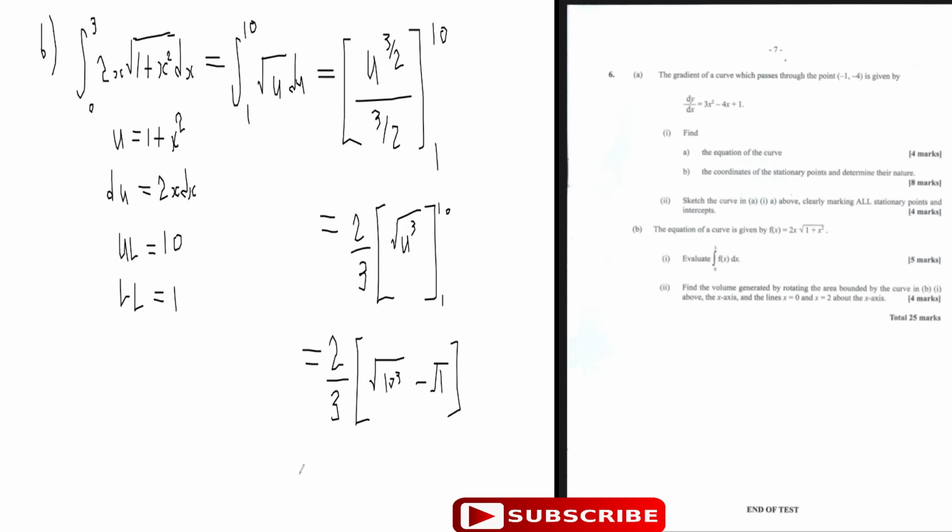So that's going to be 2 over 3 times 10 cubed, which is 1000, then we square root 1000, then we subtract 1, then we multiply it by 2 over 3.